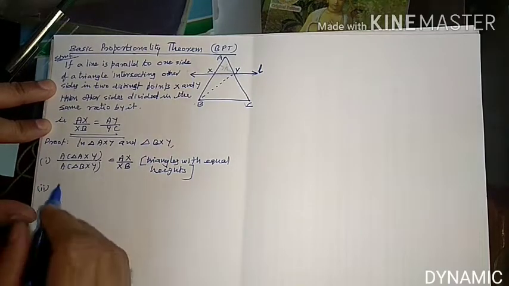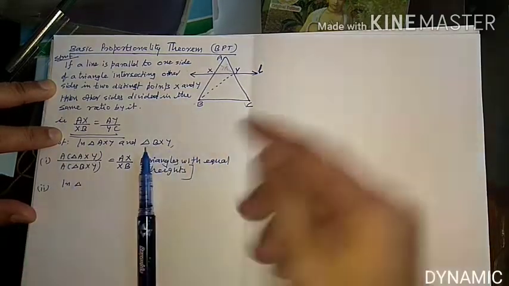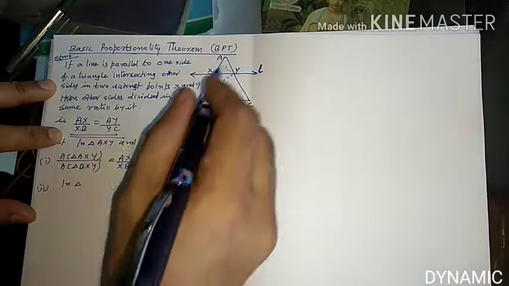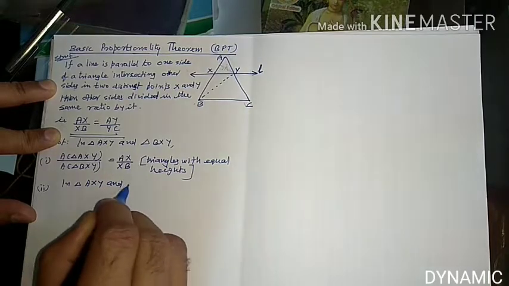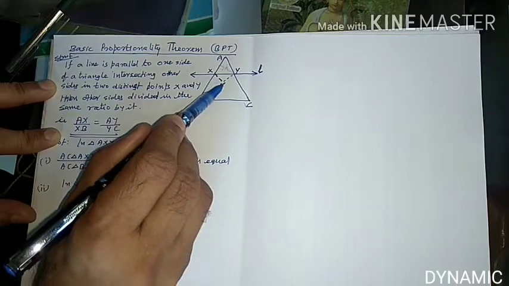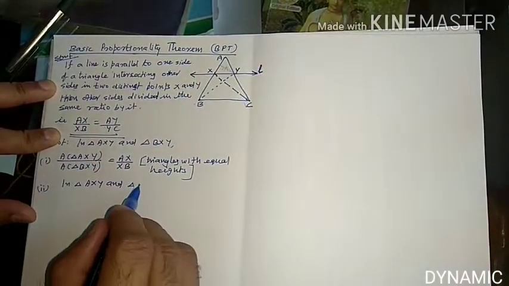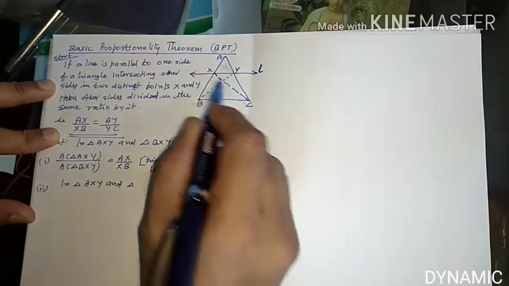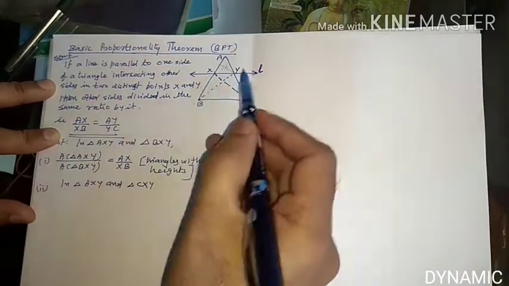Now the second statement. Now what are we considering? From the opposite side, we consider triangle AXY and, joining this part, CX, triangle CXY.